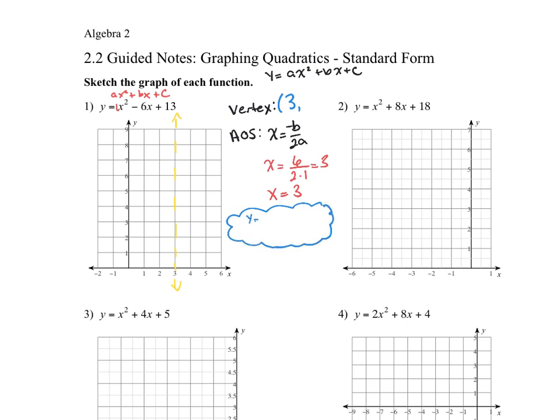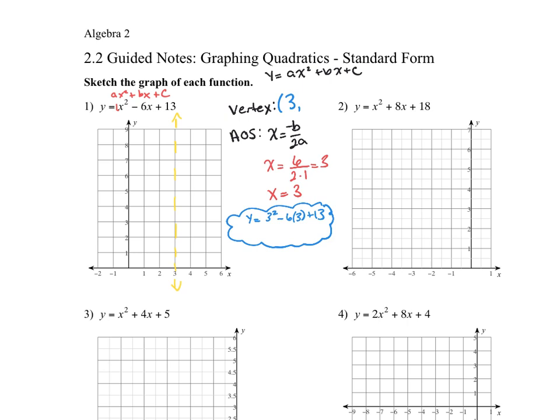So y equals x squared, which we know x is 3, so 3 squared, minus 6 times 3 plus 13. So that is 9 minus 18 plus 13.